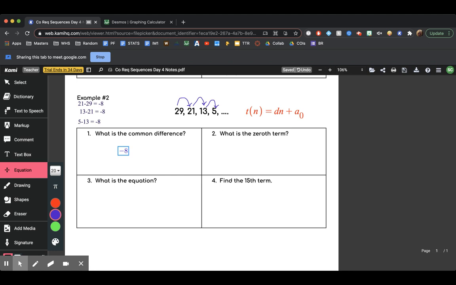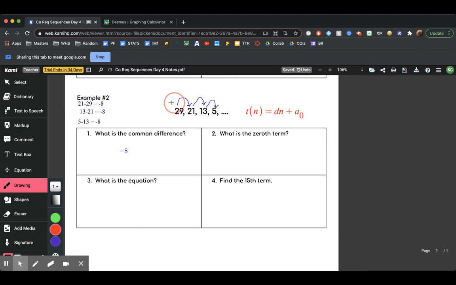And that moves us to the next question, which is what is the 0th term? In order to find the 0th term, we are going to do the opposite of what the common difference is. If we are subtracting 8 going forward, then to find the 0th term, we're going to add 8 to the first term. So we grab our first term, which is 29, and add 8.